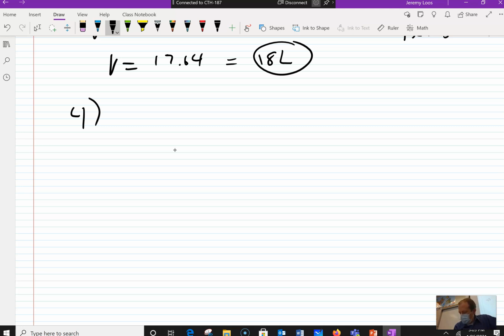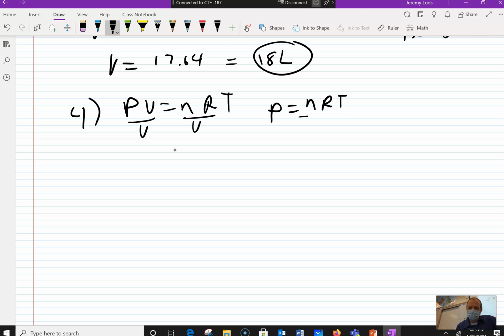A 50 milliliter flask at 25 Celsius contains 0.0200 moles of Cl2. What is the pressure in the flask in kilopascals? Okay, well, it wants pressure again. I can solve for pressure. I can get pressure by itself by dividing both sides by V. Now, fortunately, it does give me moles here. So I don't have to worry about that. I'm going to have to do a couple conversions, though.